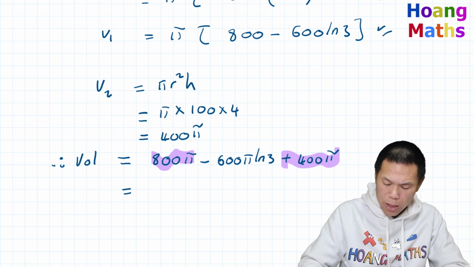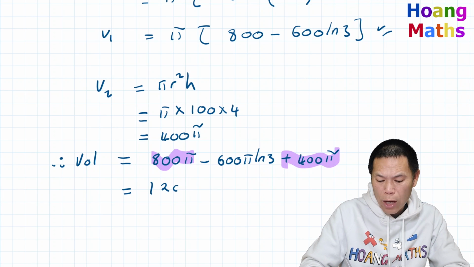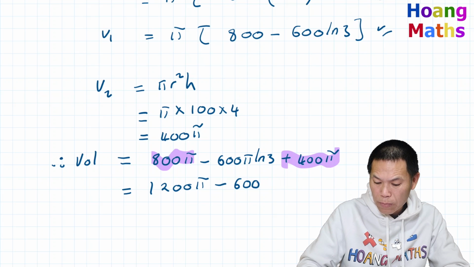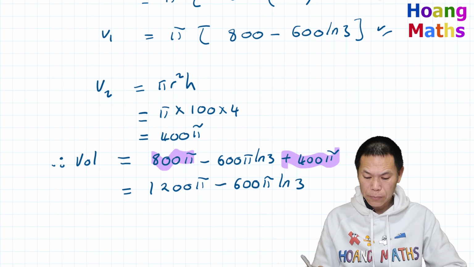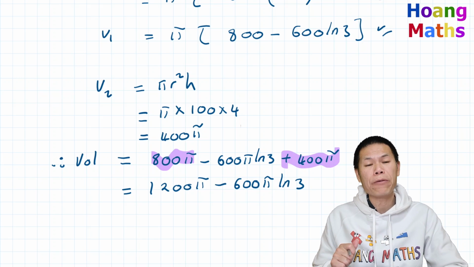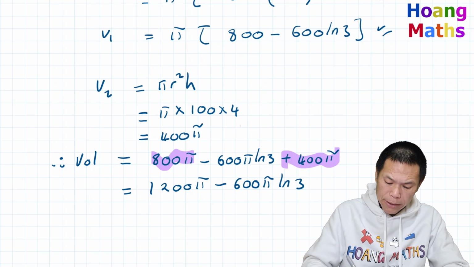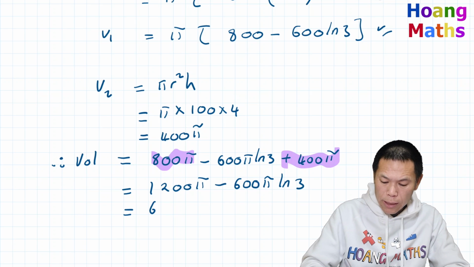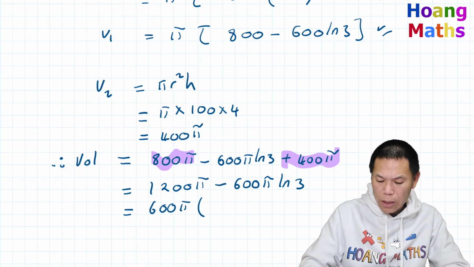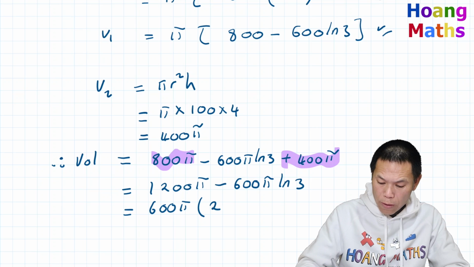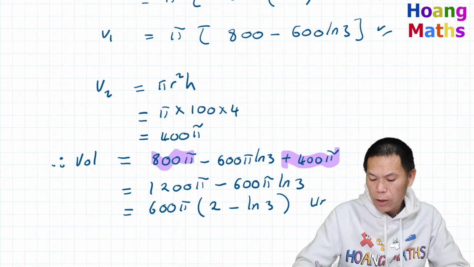That will give me 1200 pi minus 600 pi ln 3. And of course, I can take out a common factor, it looks a little bit simpler. That will give me 600 pi out, so that gives me 2 minus ln 3 cubic units.